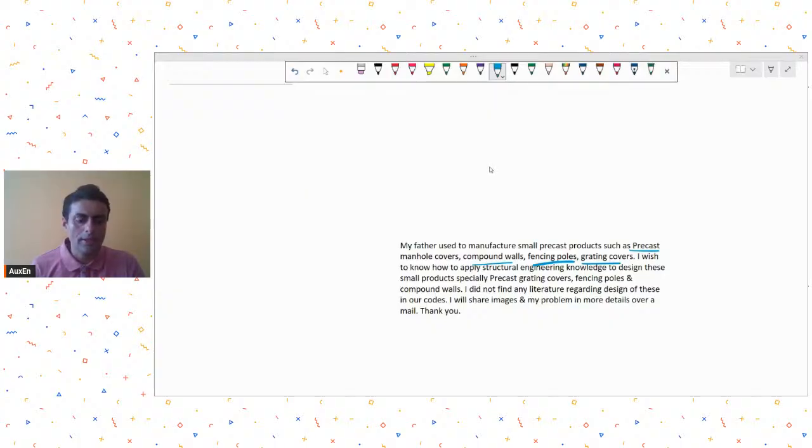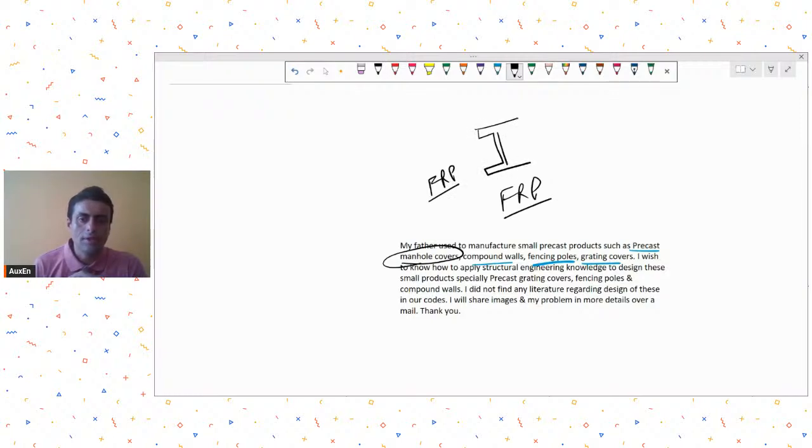But you should also look at FRP construction now, because FRP is gaining a lot of popularity, especially for covers like manhole covers, and for light structural applications. These days companies are manufacturing different FRP structural shapes, in the form of hollow or I sections or hollow pipes.